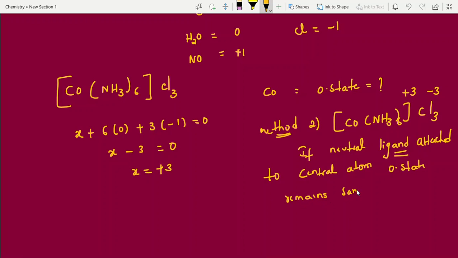See, what is this compound? Just you can write here Co(NH3)6 with charge plus 3. Right? What is this +3? As it is, you can write X equal to +3. That is nothing but cobalt equal to +3. So no need to calculate. Whatever complex charge is there above, that is your answer. Clear? Now, next one.